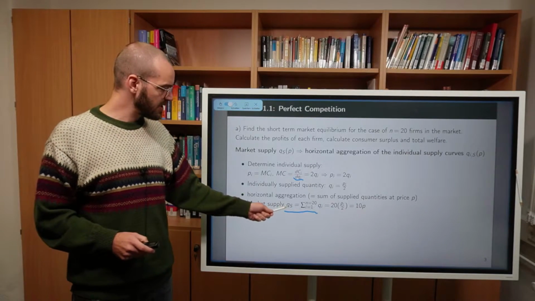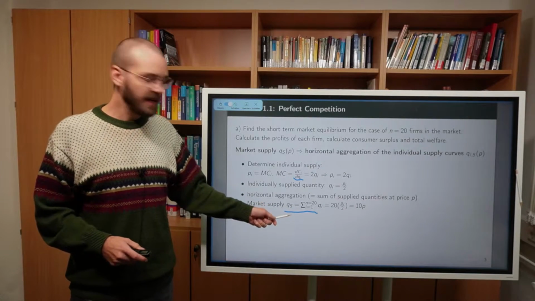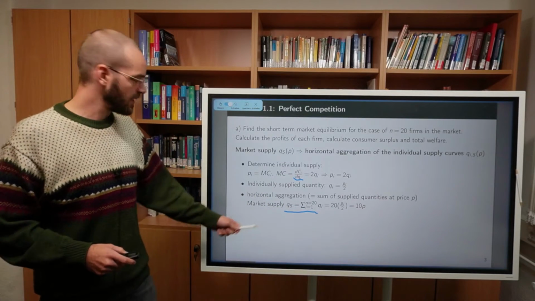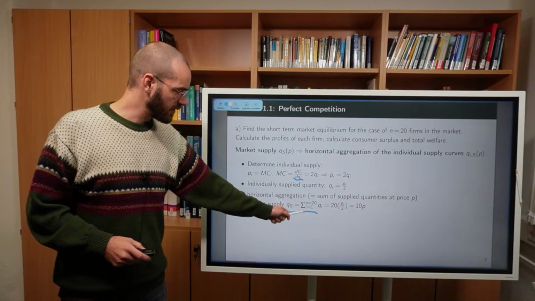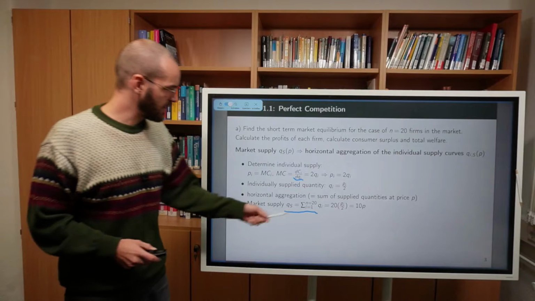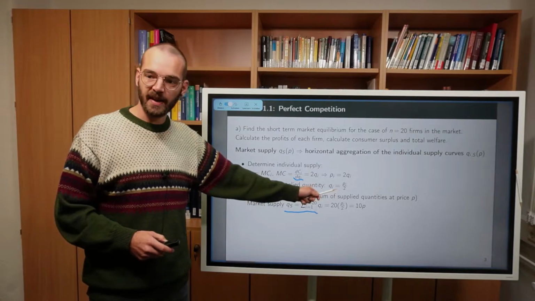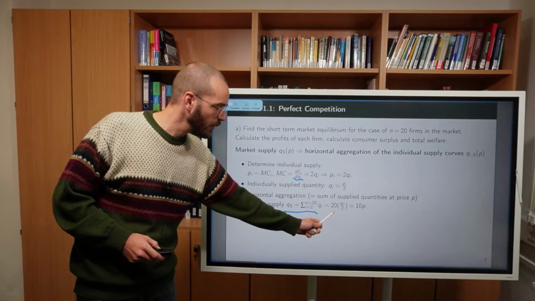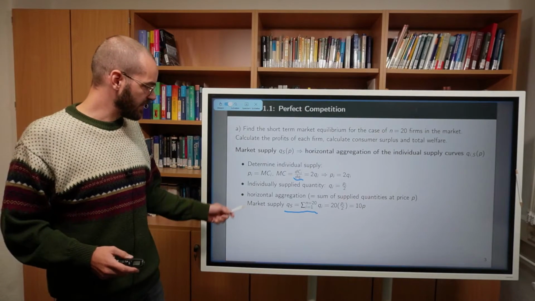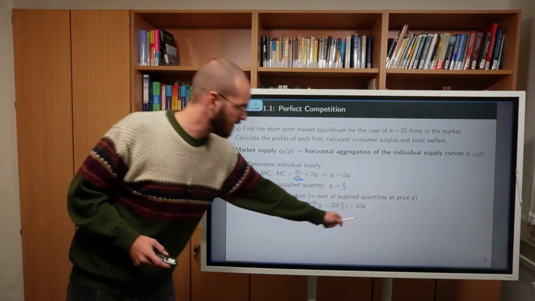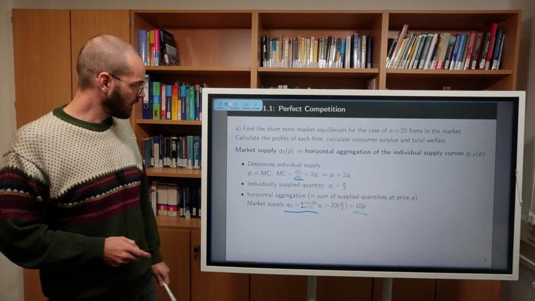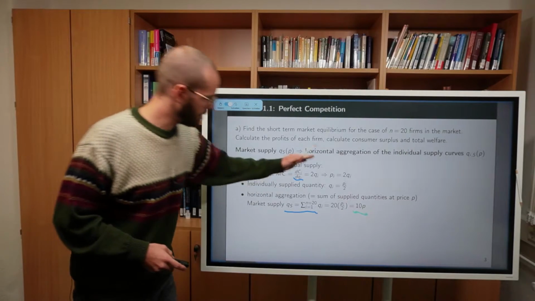So the quantity supplied in the whole market is the sum of the individually supplied quantities. The sum over, in this case, 20 firms. If we do so, we simply multiply the individually supplied quantity Qi with 20, because now we have 20 firms in this situation, we result at the market supply function 10 times P. All right, that's our supply function.